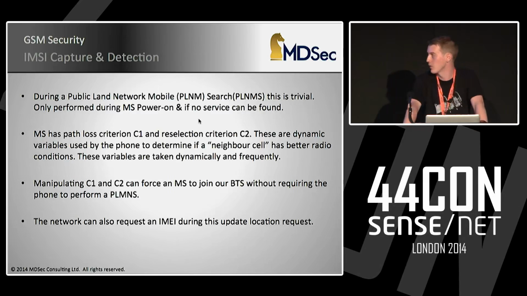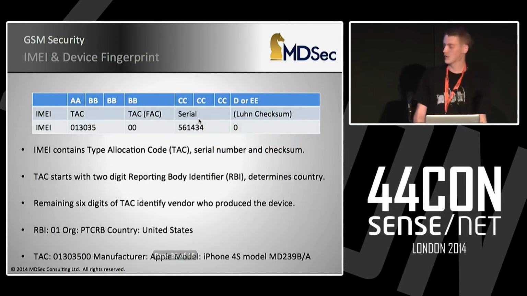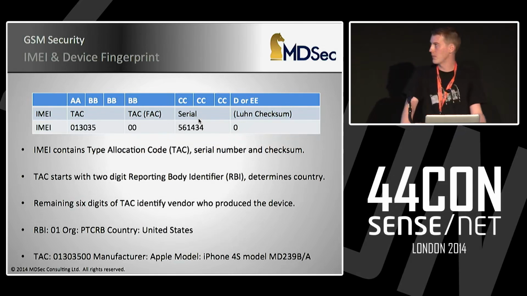And during this request, during this location update request, you can actually request the IMEI from the phone, which is the unique number to identify that handset. So when we're looking at the IMEI, we can essentially look at this as a device fingerprint. This table here shows how an IMEI is actually broken up.